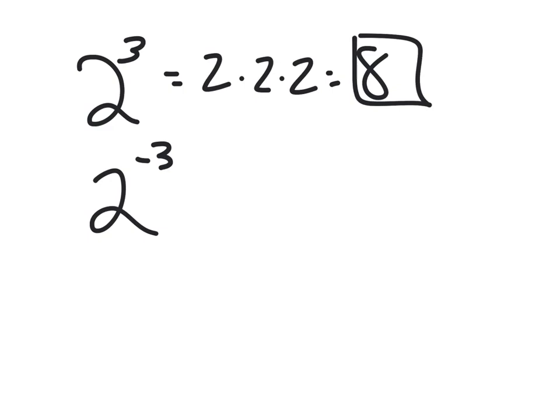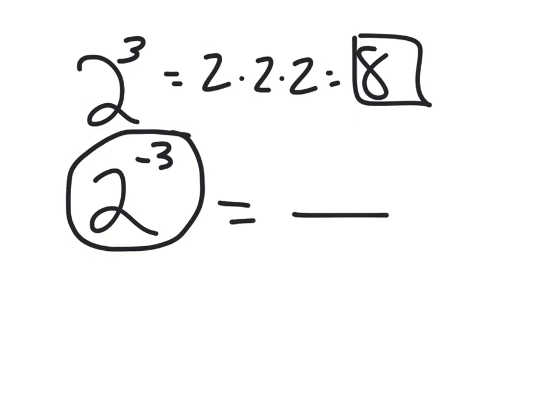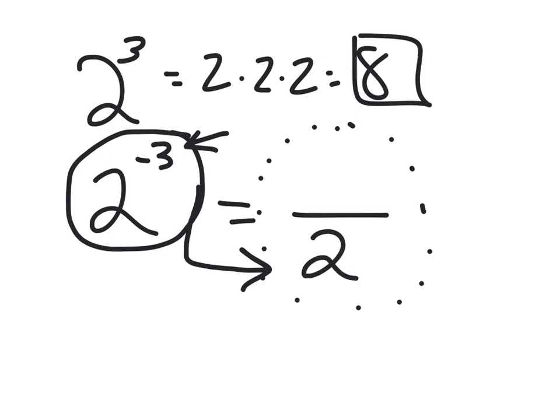In order to solve this, if you can picture a fraction in your head, if it's got a negative exponent, that's going to force you to the bottom of your fraction. And by doing this, it actually makes the exponent positive.